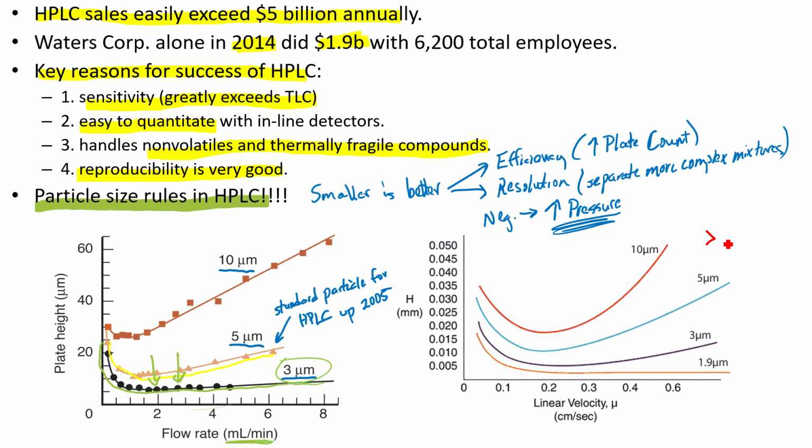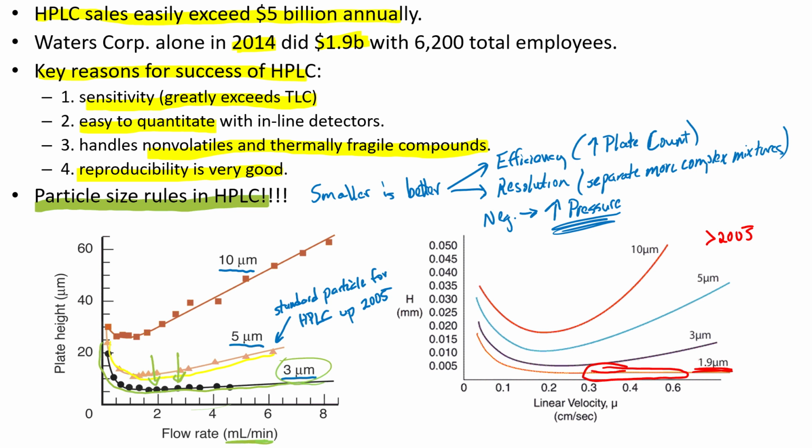So greater than 2005, we realize now we can go down to these even smaller than 3 micron particles, and it's even better. And now we can run at these extremely high flow rates where diffusion is not going to be much of a problem. We can deal with things. The small particle sizes allow mass transfer effects not to be as much of a problem.